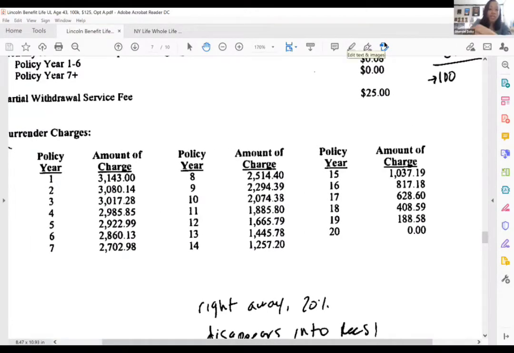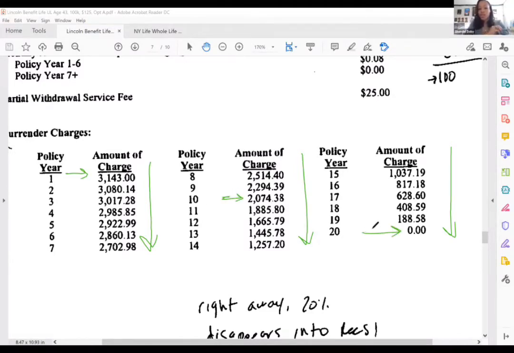So what you'll notice in a surrender charge is that the charge goes down, it decreases over a period of time. So in the first year, it's $3,000. After 10 years, it's $2,000. After 20 years, it finally gets to zero. So that's the fee they're going to charge from their cash value if they decide to cancel the policy.